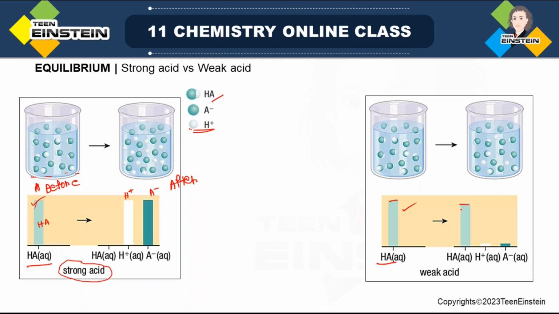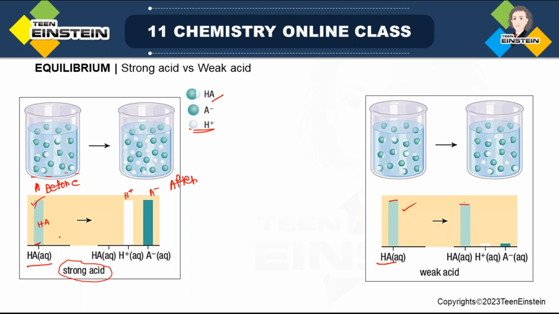This height signifies what percentage of HA is in dissociated condition, which you can understand from the height difference. Here the height is low, here the height is high, but the difference is almost as if there is no difference, right?